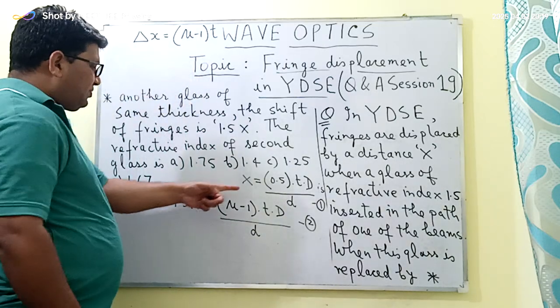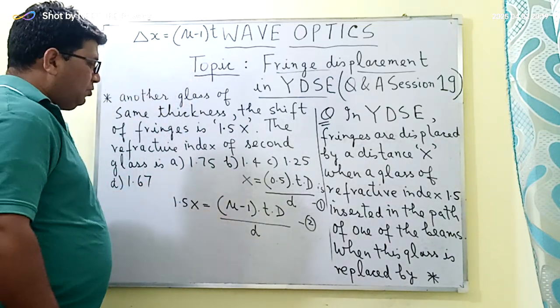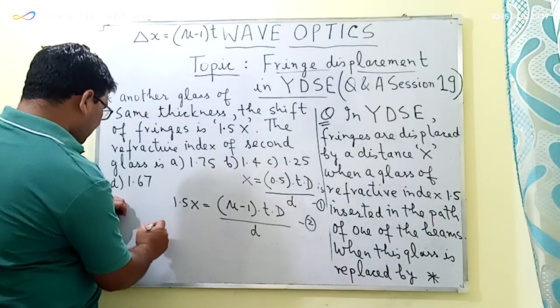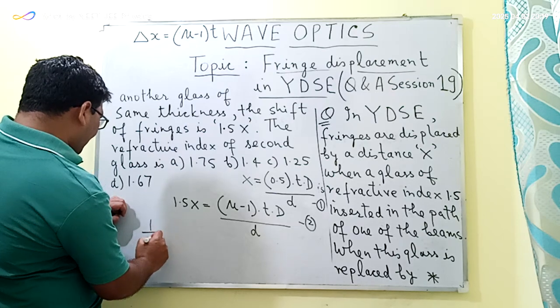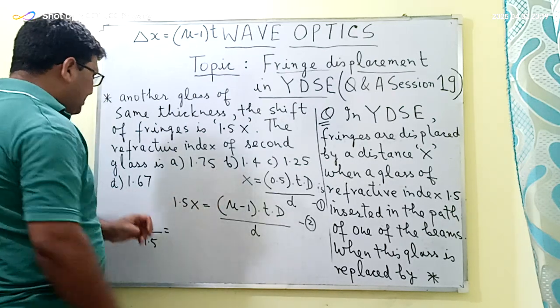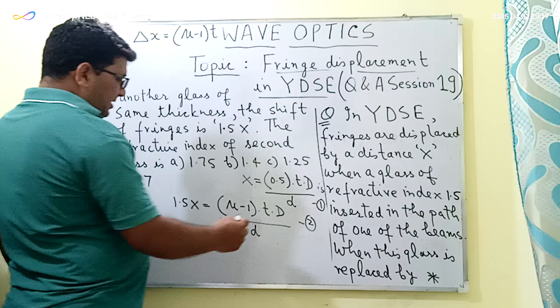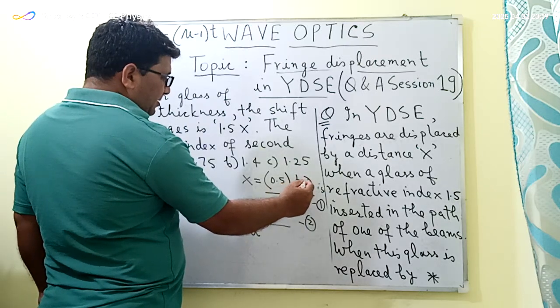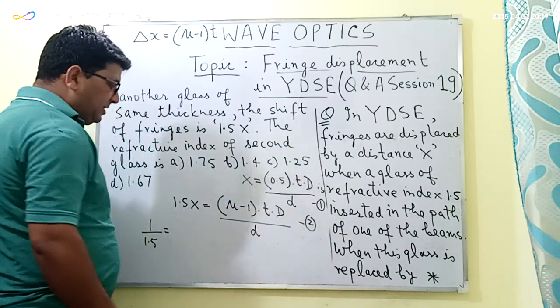If I divide equation number 1 by 2, then I will get 1 divided by 1.5, because x and x will get cancelled out, and similarly t and capital D and small d will also get cancelled out.